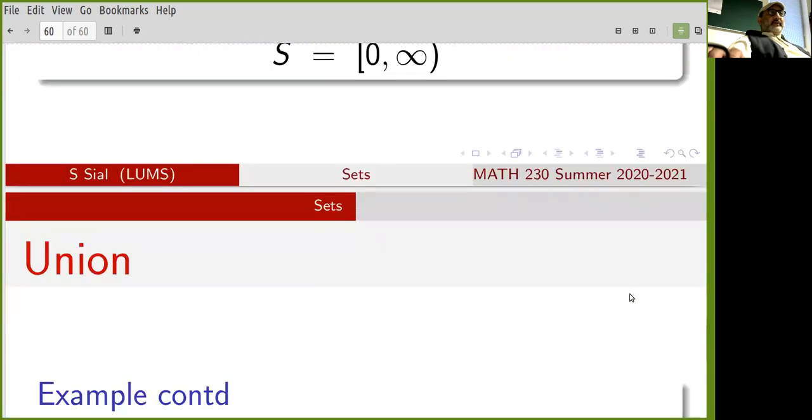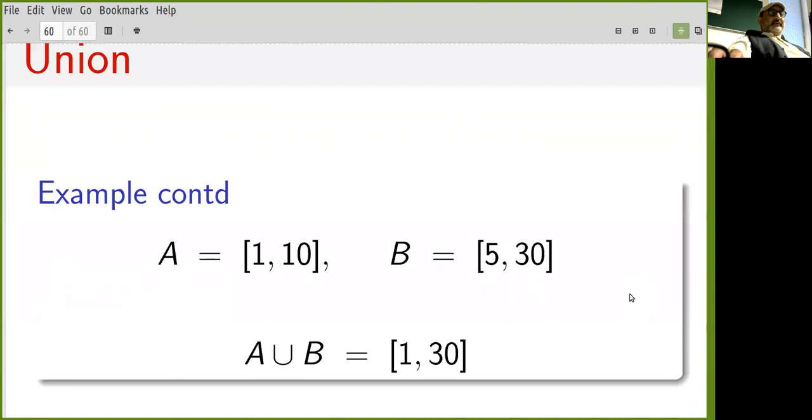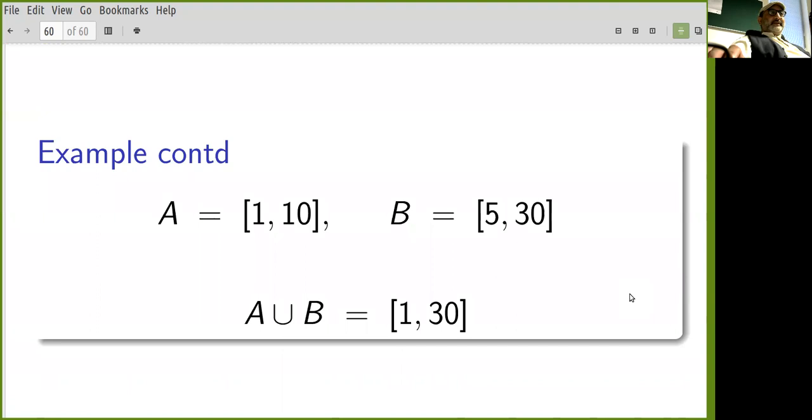Okay, so back to the time till failure experiment. If the time till failure is 1 to 10, that's one event. Another event, B, is that the time till failure is from 5 to 30. If I take the union of those two intervals, then I'll get 1 to 30.